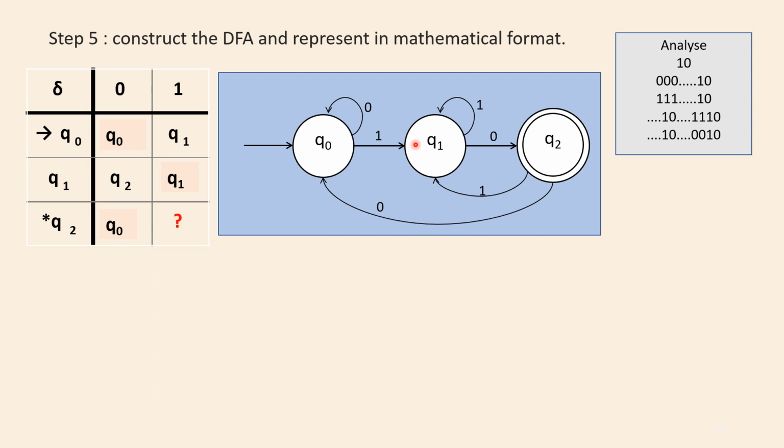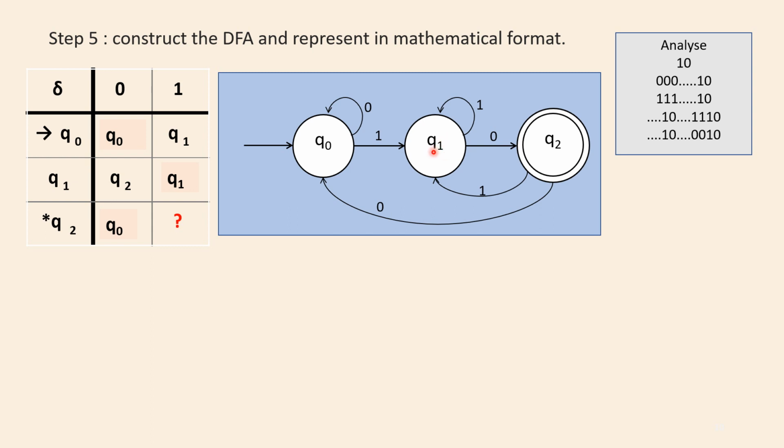The trick to understand here is that from Q0 on 1, it is going to Q1, so there is a transition happening here. It is easier for me to loop zeros here, which means Q0 on n number of zeros will be in Q0 itself, and when the input symbol changes to 1, the state also moves from one state to another.